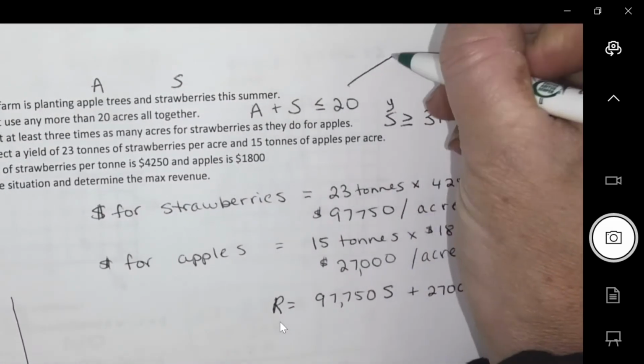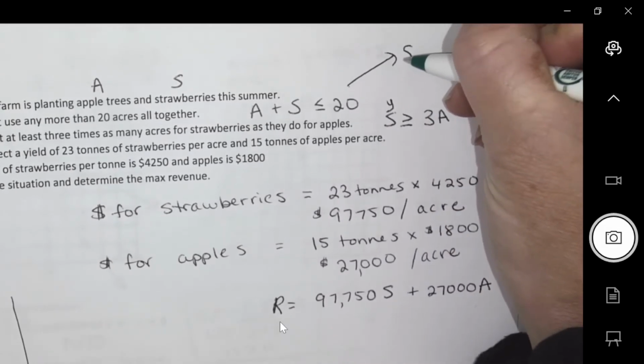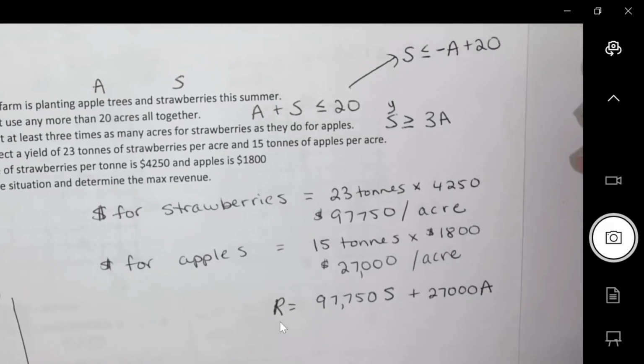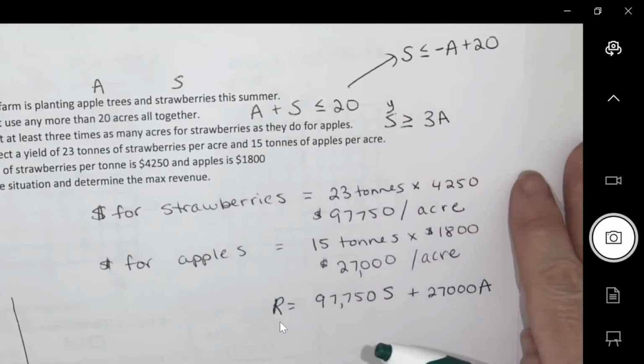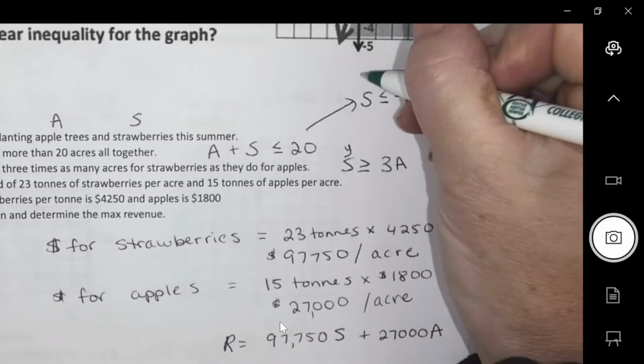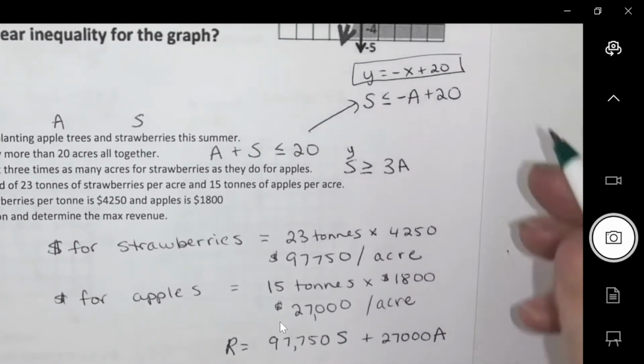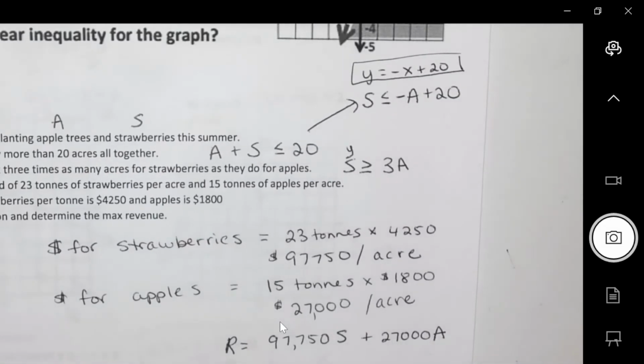Okay, so if I'm going to do this in my calculator, I'm going to go S. I'm going to move the A. This is what I'm doing. I'm lining it up to go into my calculator.